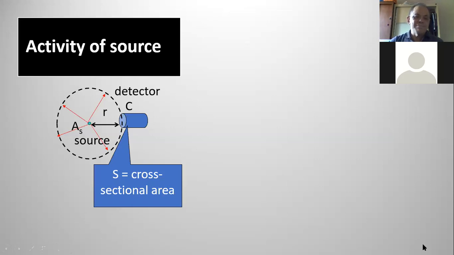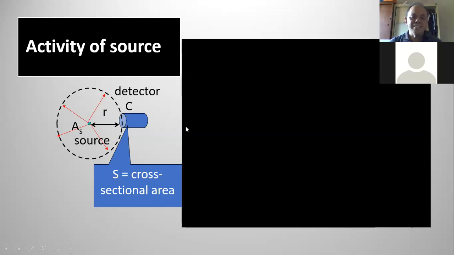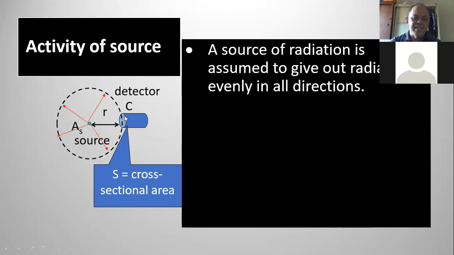Okay, sometimes we are interested in the activity of the source, but we detect it using a detector. The detector has a cross-sectional area S, and we place it a distance R away. A_S is the activity of the source, and we just assume that the radiation is given out in all directions equally.